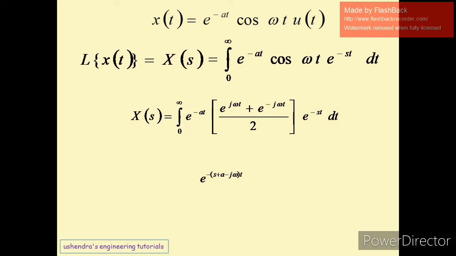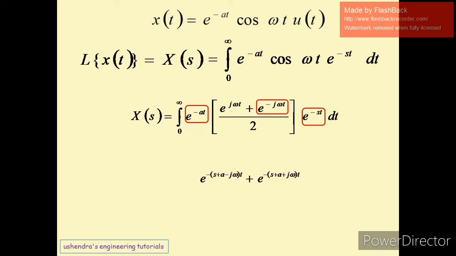And the second simplification in this expression is, now these three terms will be multiplied and the resultant will be exponential raised to negative as common, so all the three terms have the negative that came out, so we'll be left with s plus a plus j omega and t also as common from all the three terms.